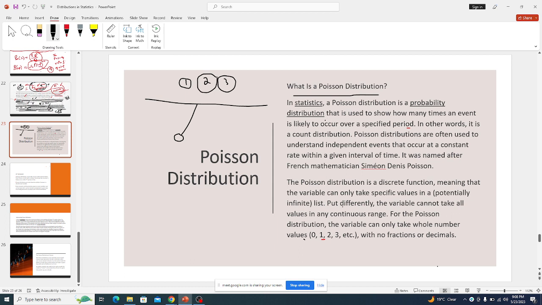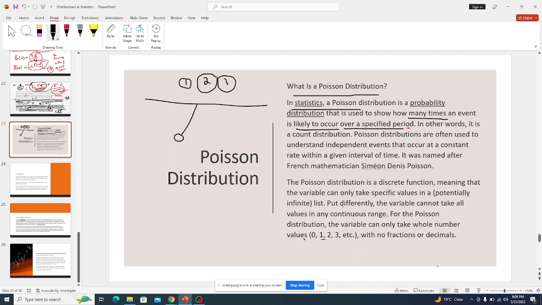So in Poisson distribution, it's a probability distribution that is used to show how many times an event is likely to occur over a specified period.